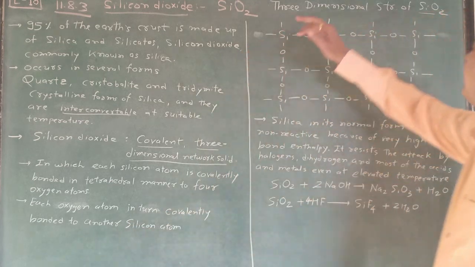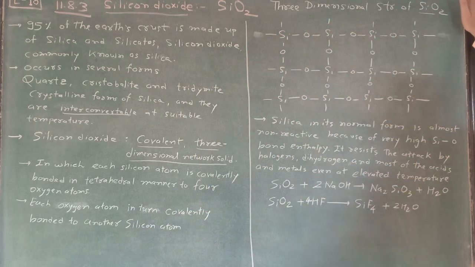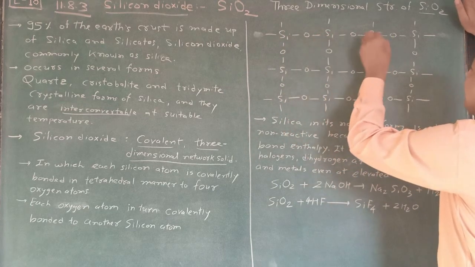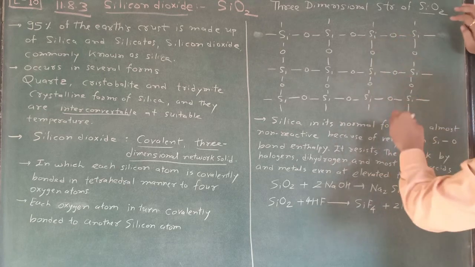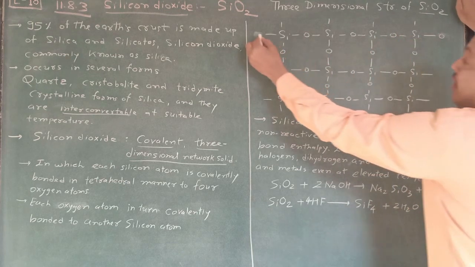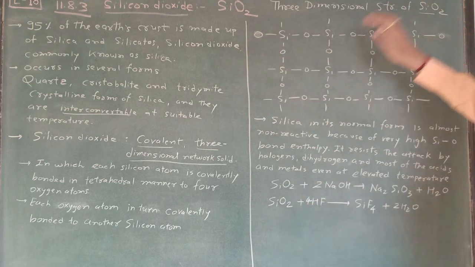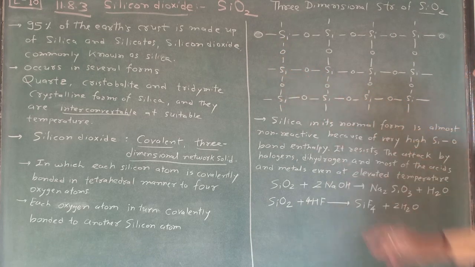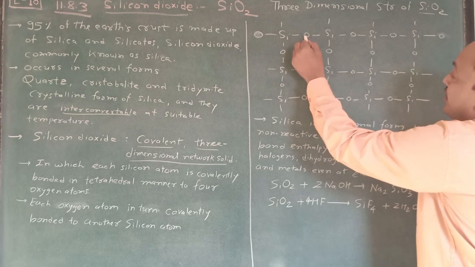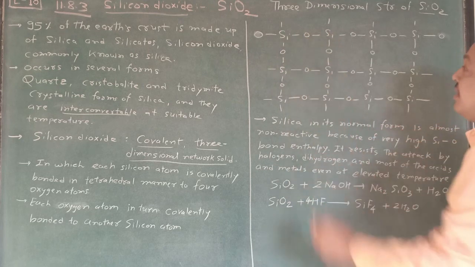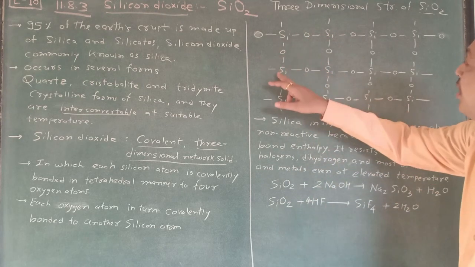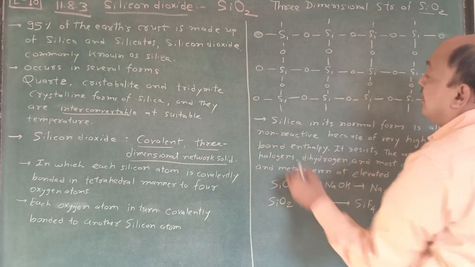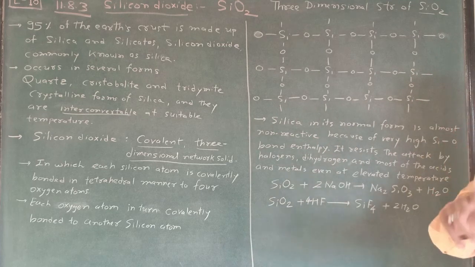Understand here the three-dimensional structure of SiO2: Si is bonded with oxygen, and oxygen is bonded with silicon. That means silicon is bonded with 4 oxygen atoms and oxygen is bonded with 2 silicon atoms.